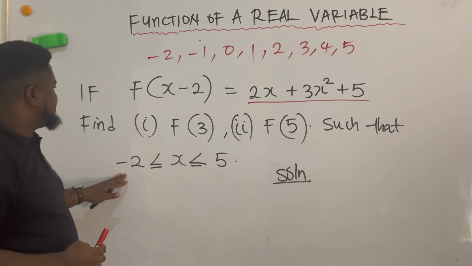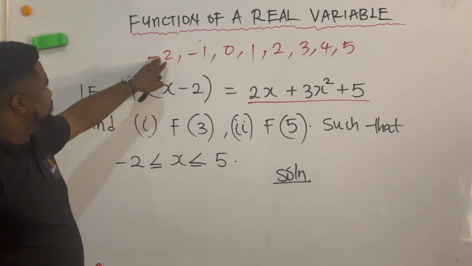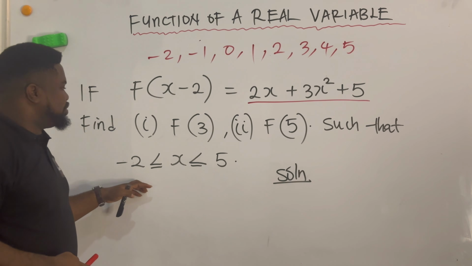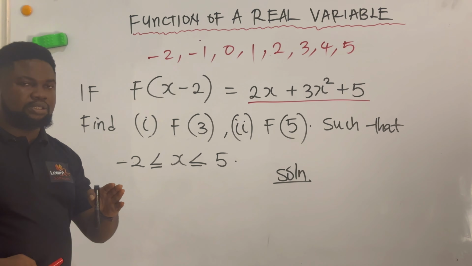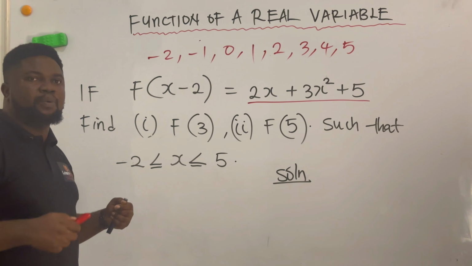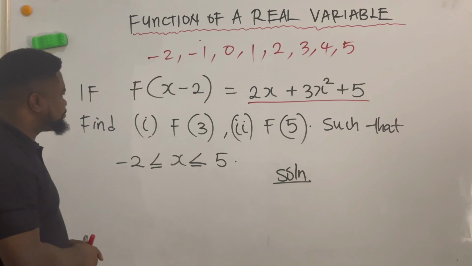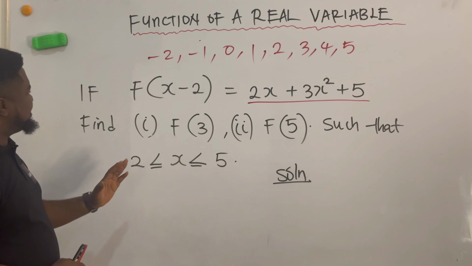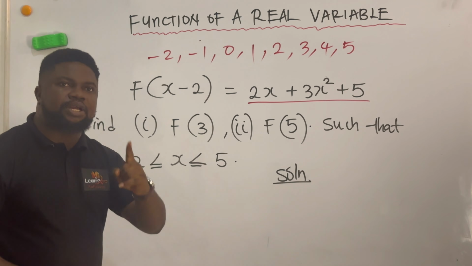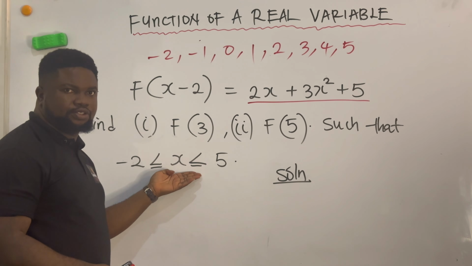This means numbers from here to here. I listed just the integers only. Those who don't know integers, you can refer back to our video on the real number system. Now we have to find f of 3 while ensuring that we are satisfying the condition given to us.